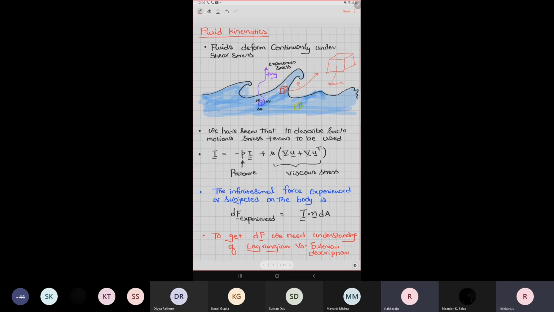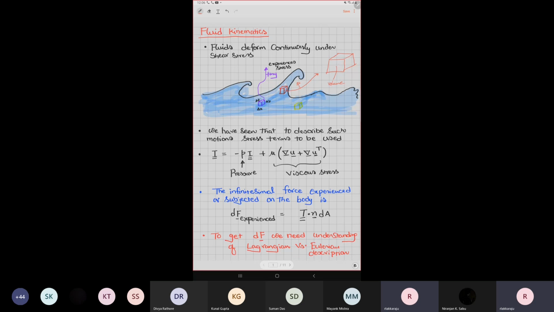So any material, whether it might be your pen, piece of chalk, fluid, or perhaps a computer monitor, or perhaps a wind turbine blade, whatever it might be, it always consists of these tiny parts. And any tiny part, if I pluck it out, always has a certain volume which is bounded by surfaces. And the stress actually acts on those surfaces.